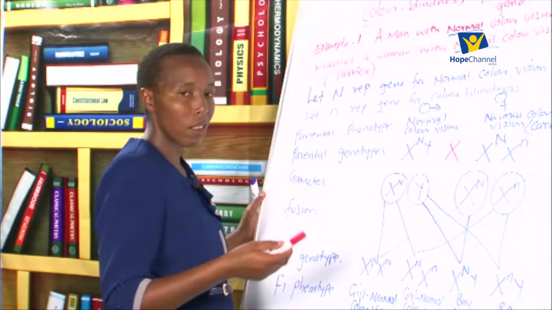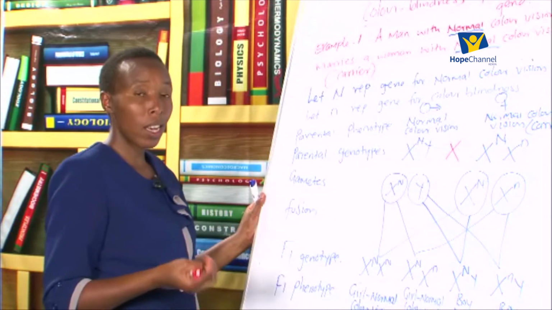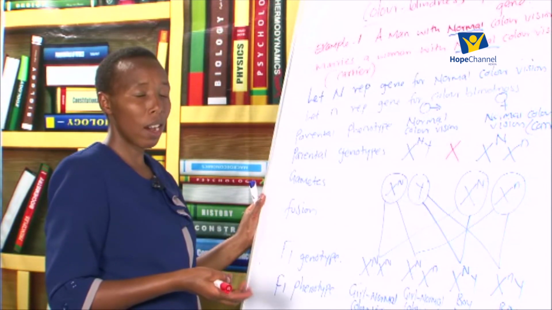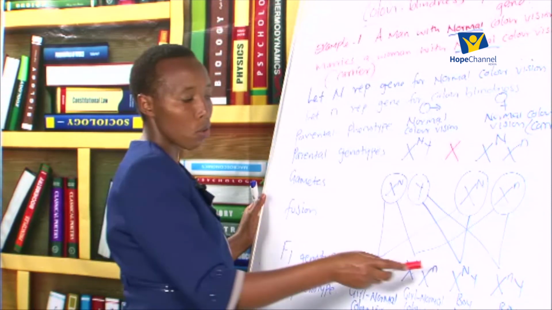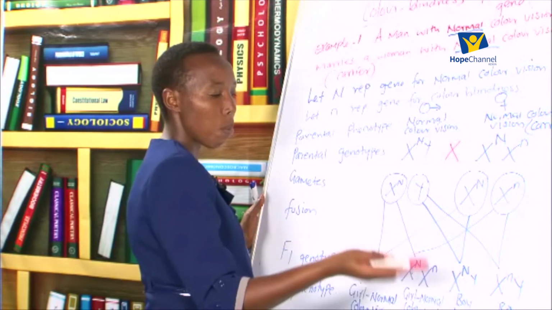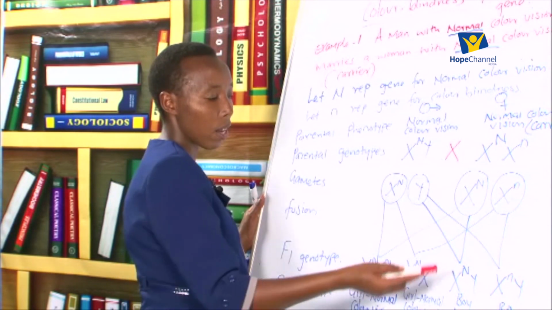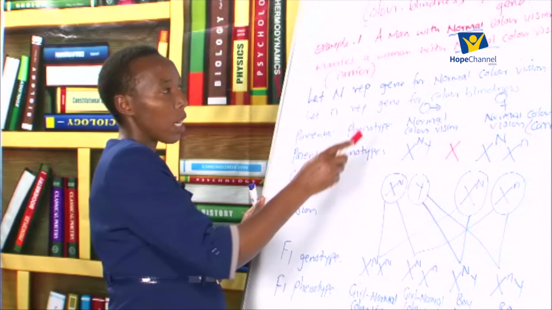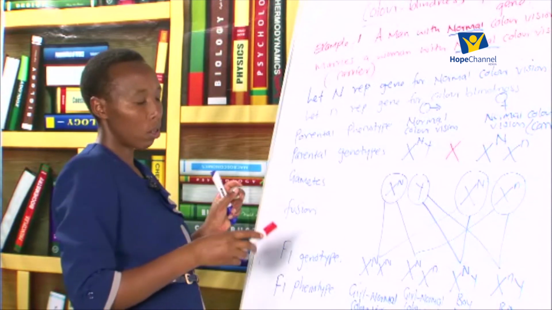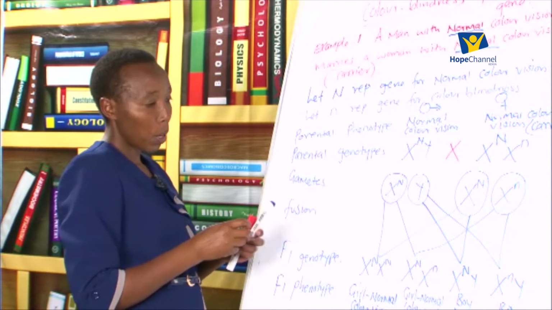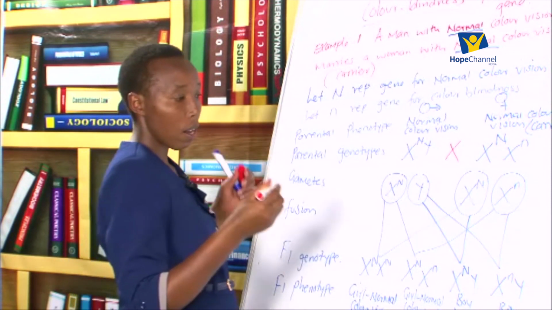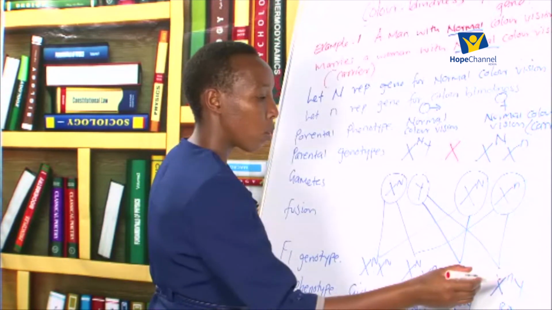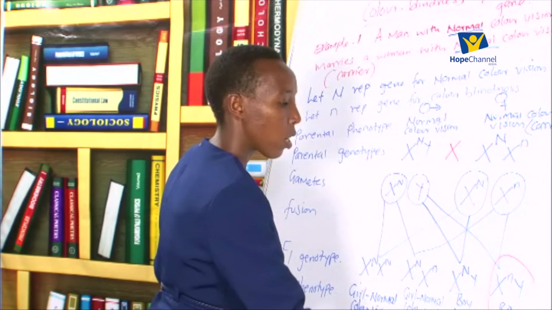Remember, we say that the chances of getting a boy or a girl is 50-50. And the boy you'll get can be either having normal color vision or colorblind. So it is a family that had normal color vision, but at one point they are giving birth to a boy who is what? Colorblind.